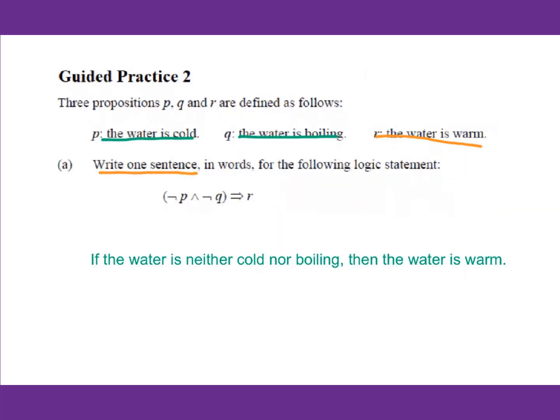Write one sentence means you have to use keywords. Implies means you have to use if, then. Not P, not Q, and we can use this is not.